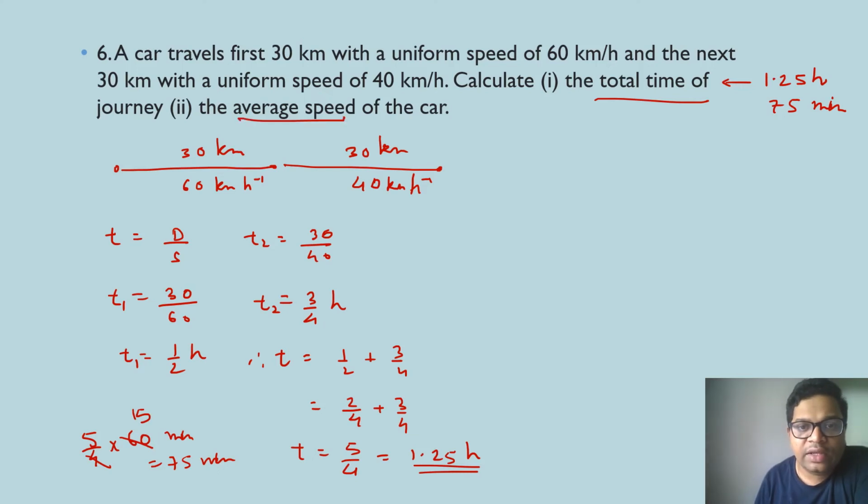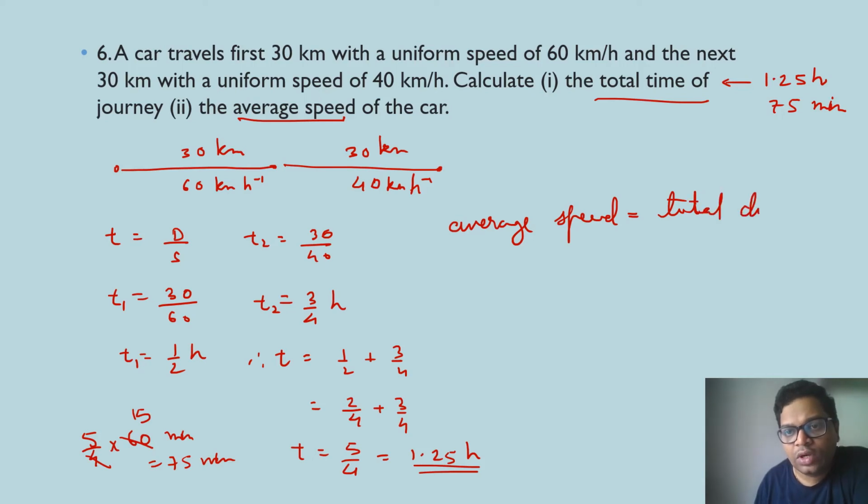Now we have to find the average speed. So the formula for average speed is equal to total distance traveled upon the time taken to travel that distance. So here we have 30 plus 30, and the total time we know it is 5 by 4.